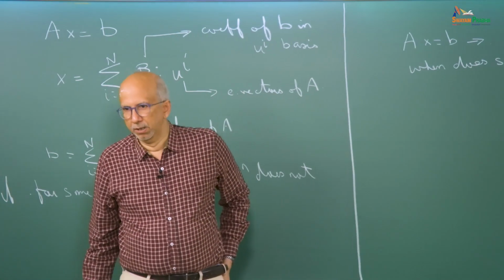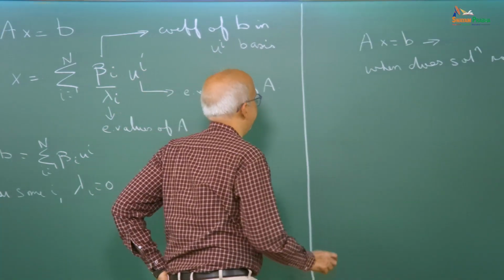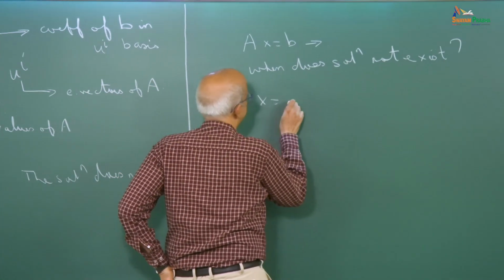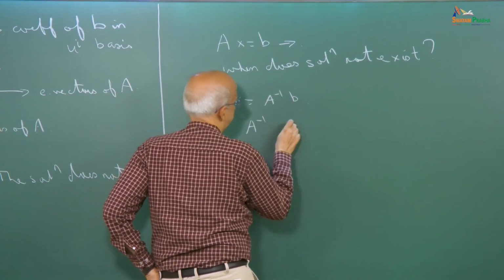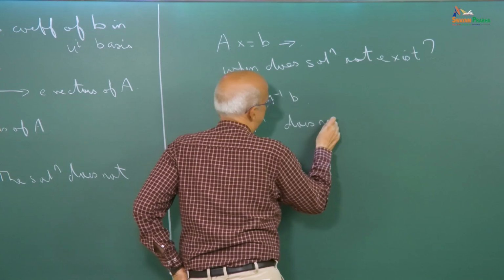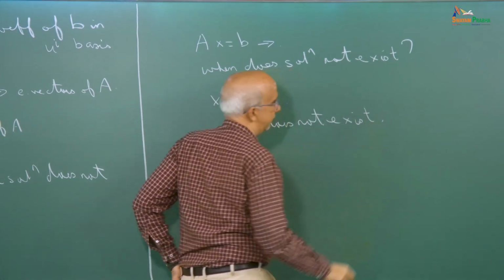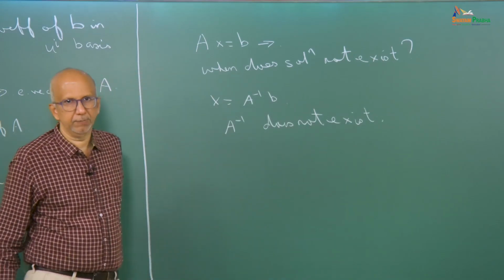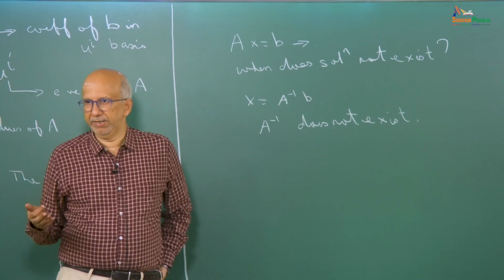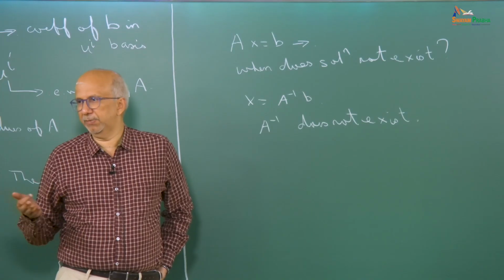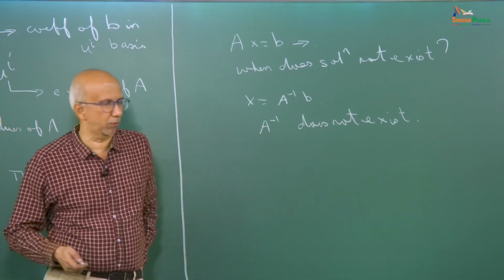When A inverse does not exist, because normally you can write x as A inverse b. A inverse does not exist, that is what it means. And if A inverse does not exist, the meaning is that the determinant is 0, because A inverse has the determinant of A at the bottom, okay.